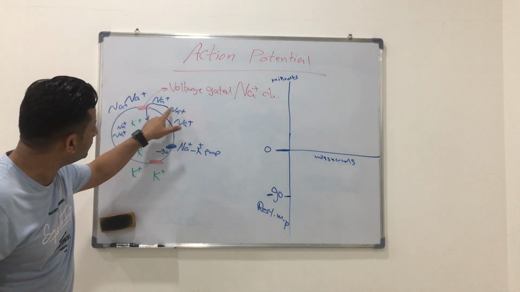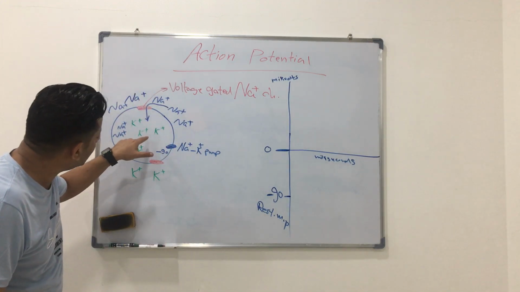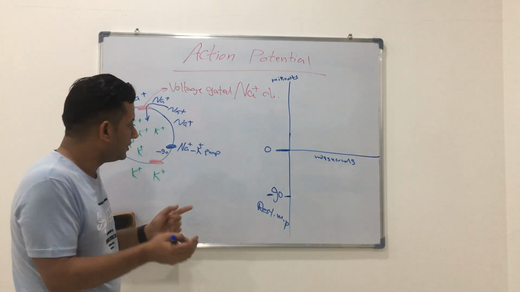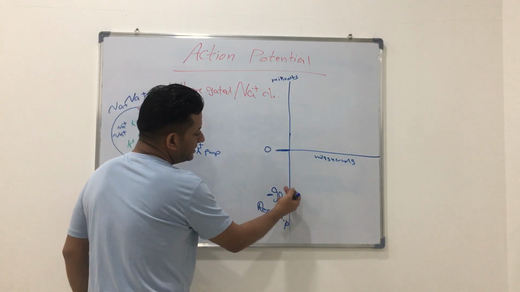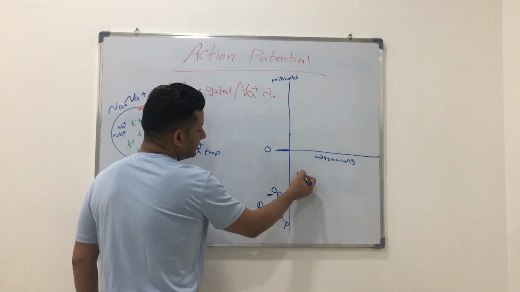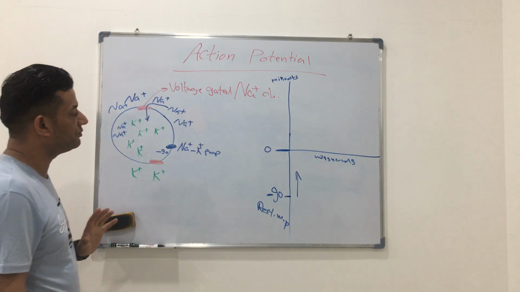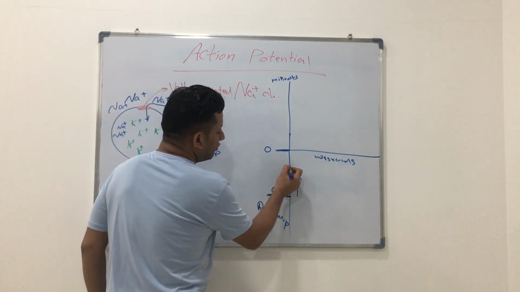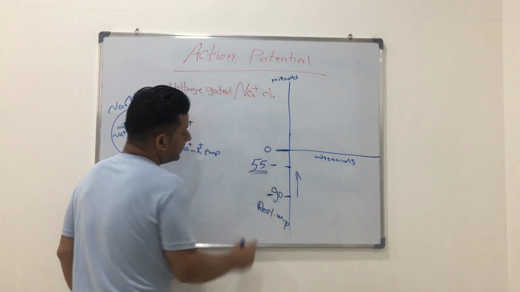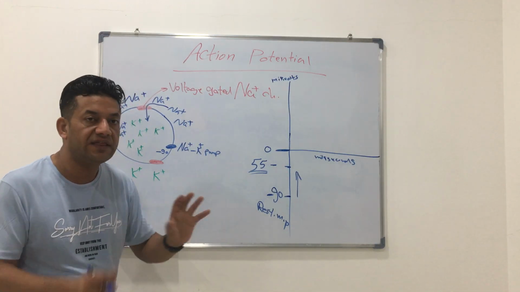This entrance of sodium ions, in other words the positive charge, will cause the inside of the cell to increase in positivity, towards the positive direction, till it reaches minus 55. When the positivity reaches minus 55, this is called the threshold level.